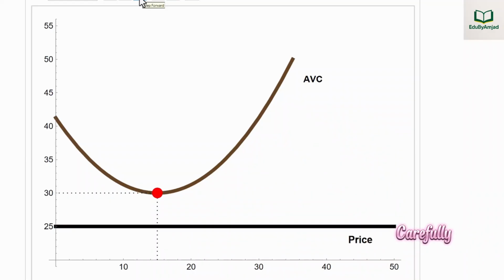Now watch carefully. As price falls below minimum AVC, price is lower than AVC. At every output level, every unit produced adds more to variable cost than it adds to revenue. Loss increases, so the firm shuts down.